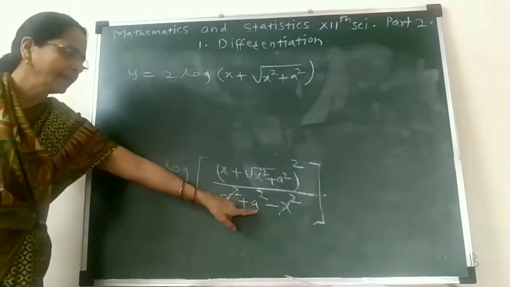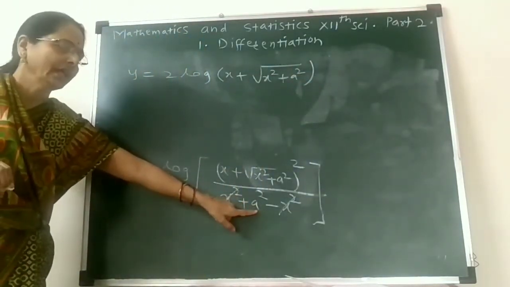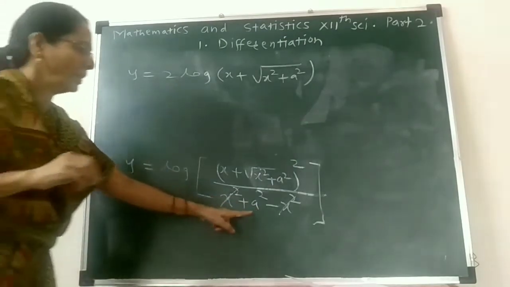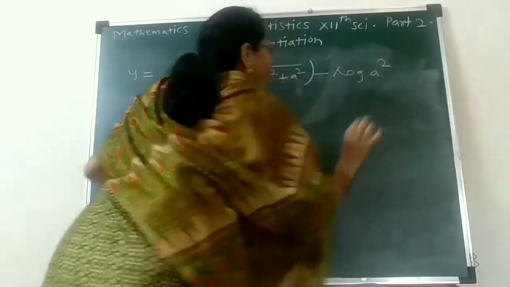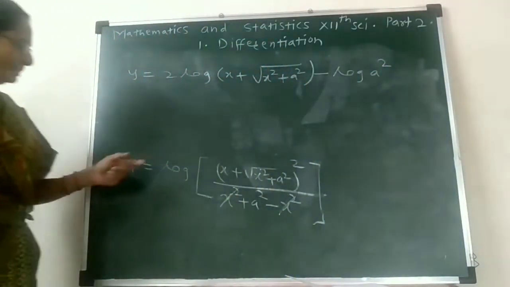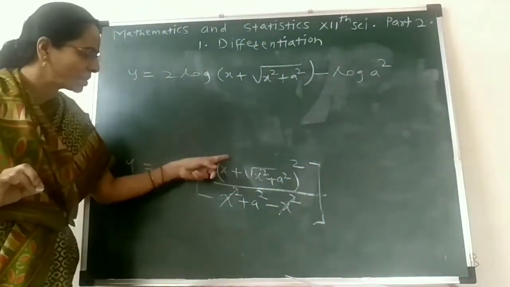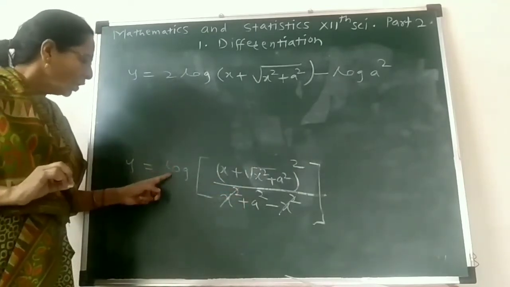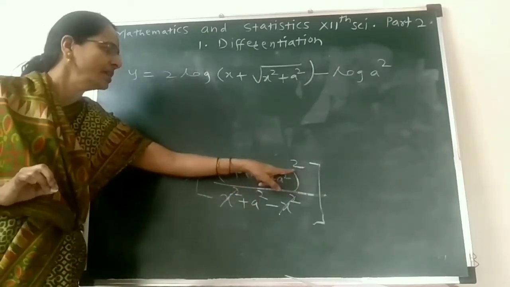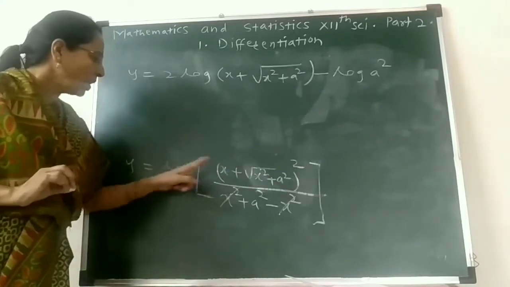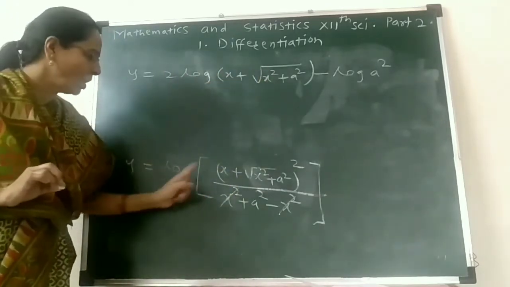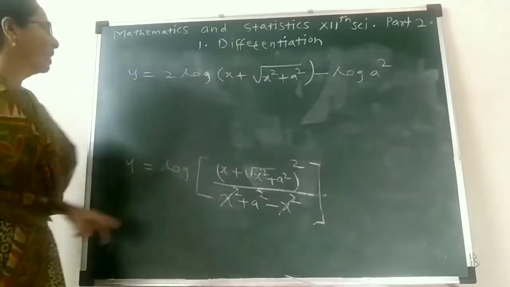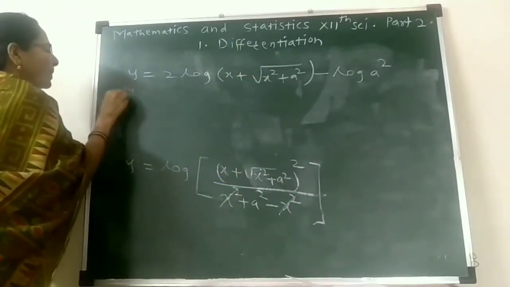Here at the denominator there is a square, so we take minus log a square according to the logarithmic rule. This log of this term upon this, but log m raised to n, so 2 log this term minus log a square. Now take the derivative.